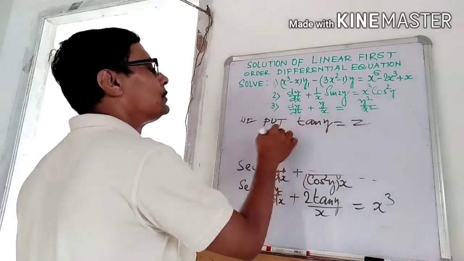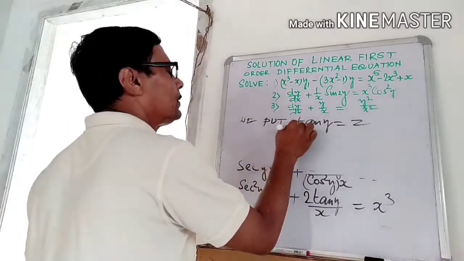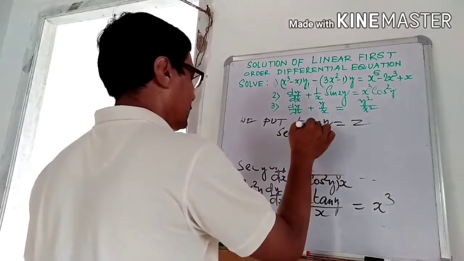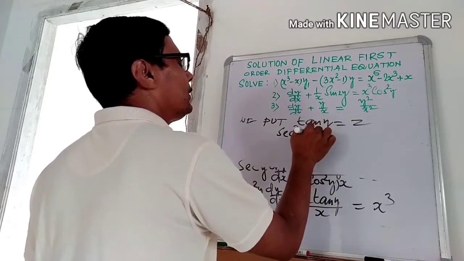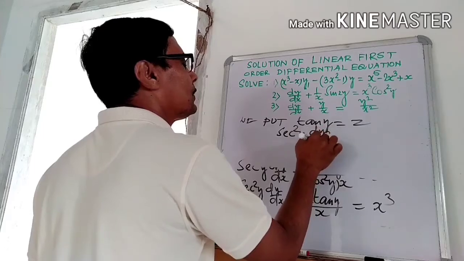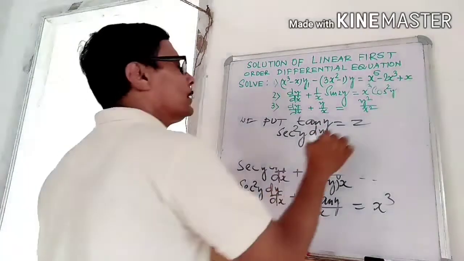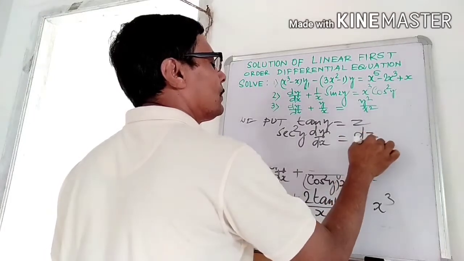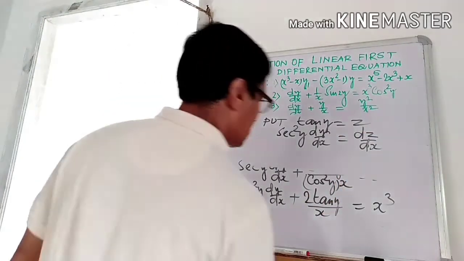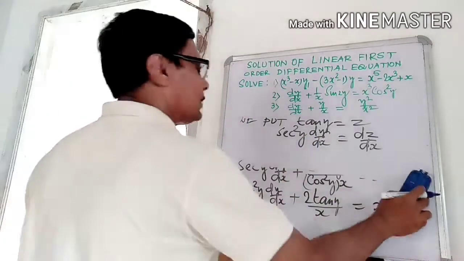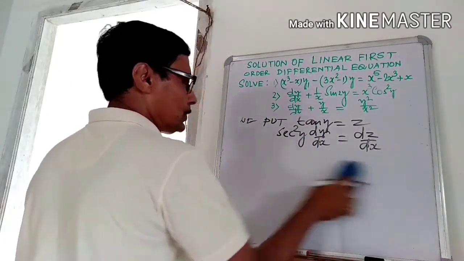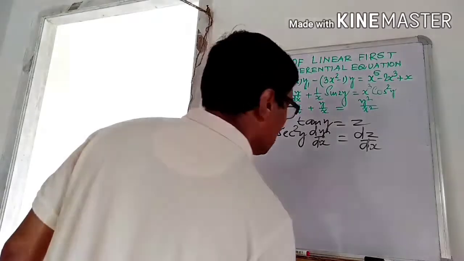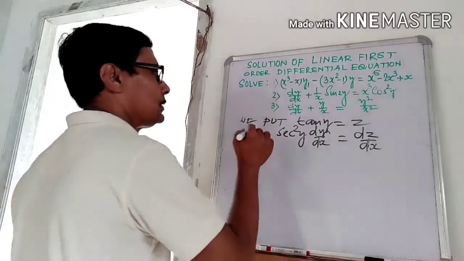So sec square y dy/dx equal to dz/dx. Now we put this relation in the equation.